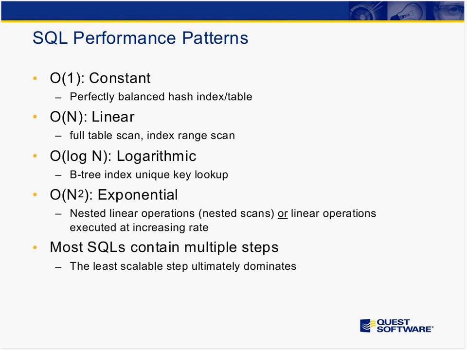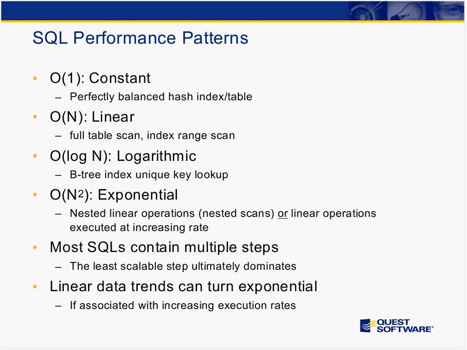SQL statements contain multiple steps, and the least scalable step will ultimately dominate the performance of the SQL over time. We talked about how linear data can turn exponential if it's associated with increasing execution rates.